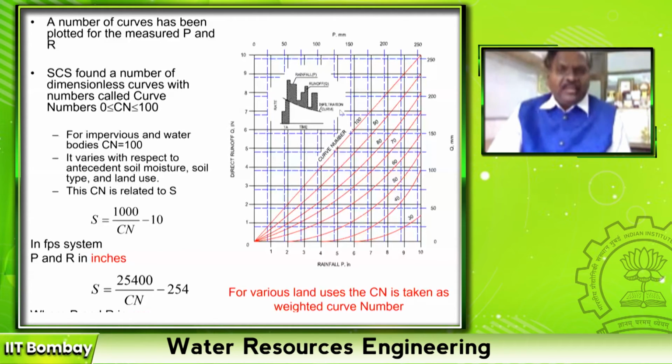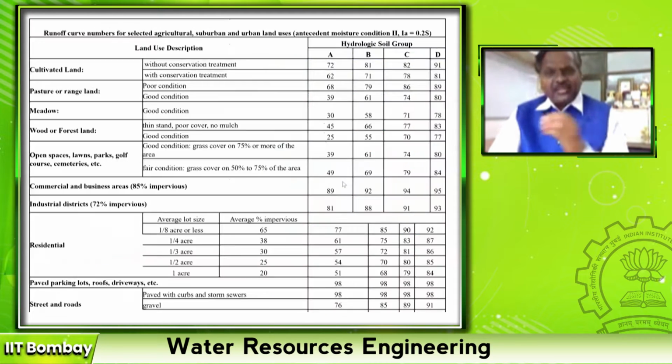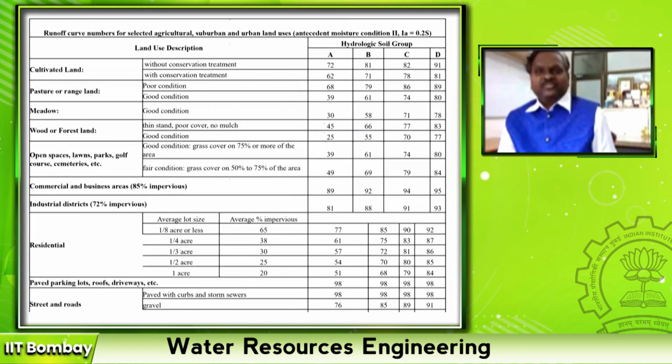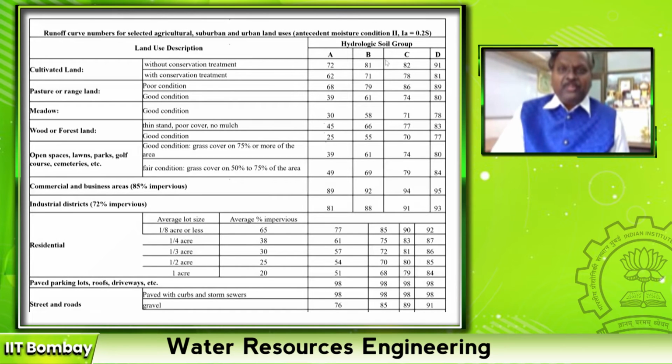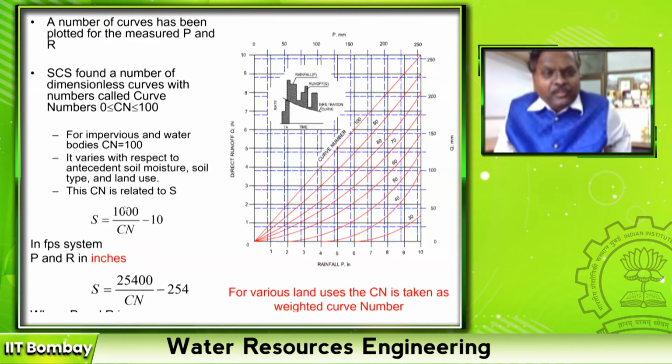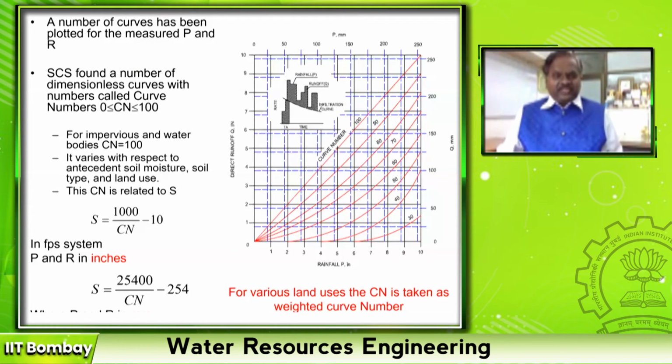Now, if I know the soil type and the land use, then I can pick a particular number as the curve number, and substitute that in this equation to estimate the potential soil moisture.